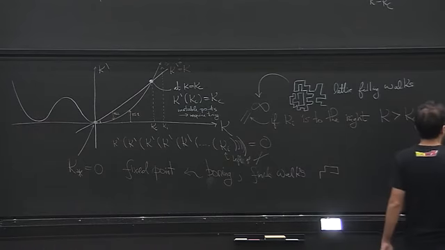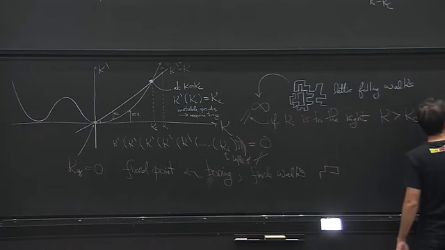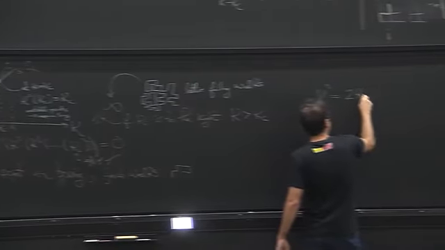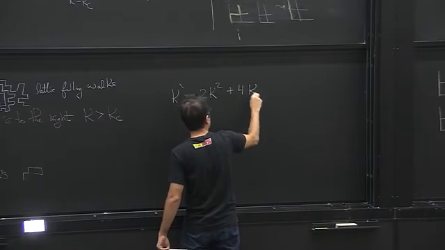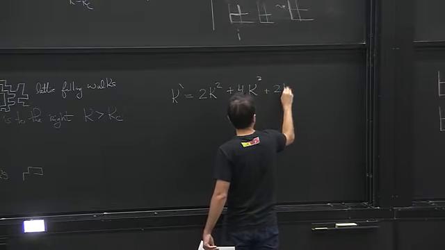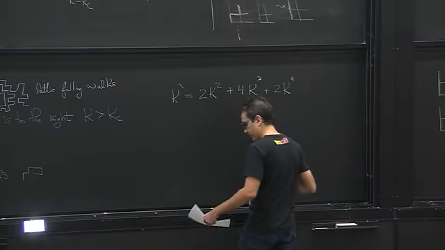So let's solve that equation. k prime is equal to this, which is 2k squared plus 4k cubed plus 2k to the 4.